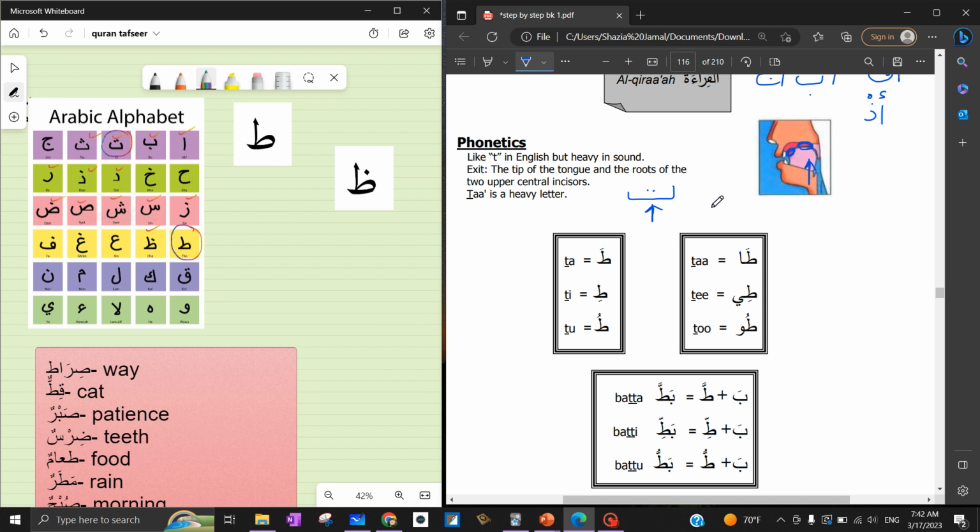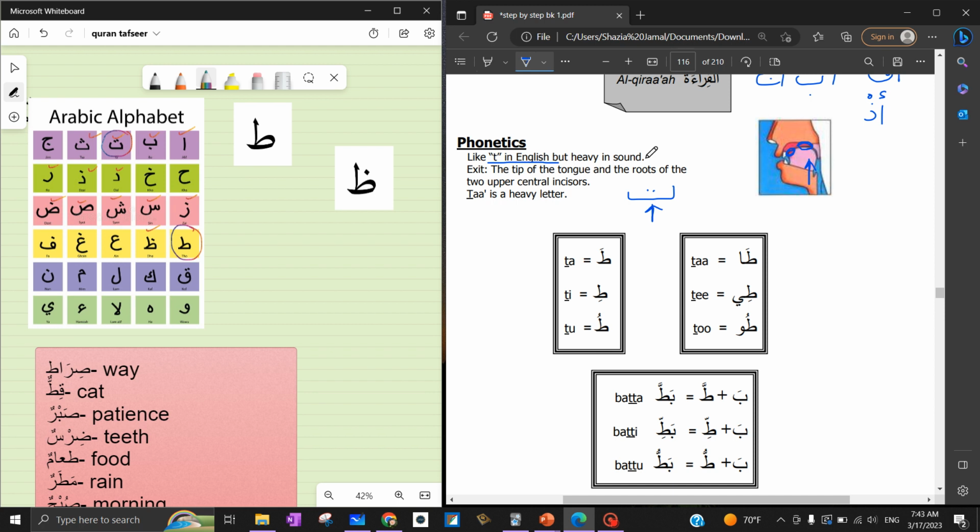You can hear the sound with ta, it's a light sound, and with heavy ta, it's ta. So it is heavy. When you raise the back of your tongue, it will become heavy. As you can see here it is written like the English T, but it is heavy.